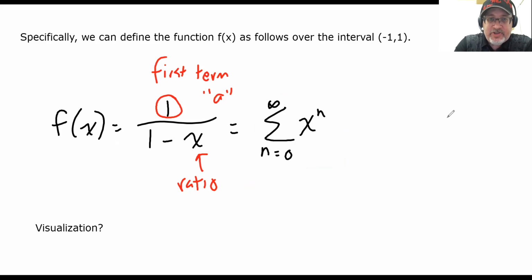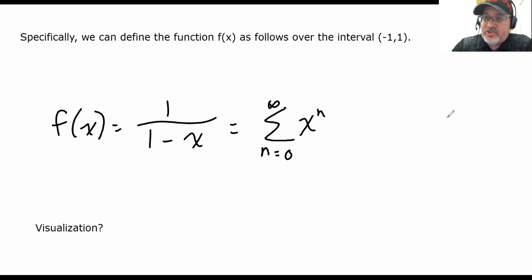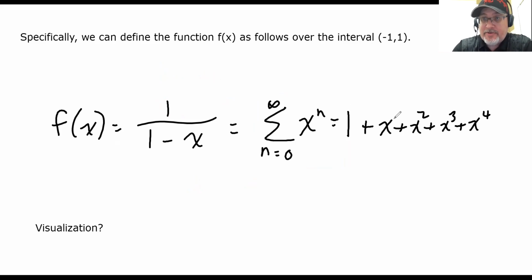Let's get rid of all the red stuff and blue stuff. Because if we were to look at this as the sum of a geometric series, the first term would be 1 and the ratio would be x. So we would just multiply by x over and over to get the next terms, which should be pretty clear that that's just the sum of x to the n as n goes from 0 to infinity.